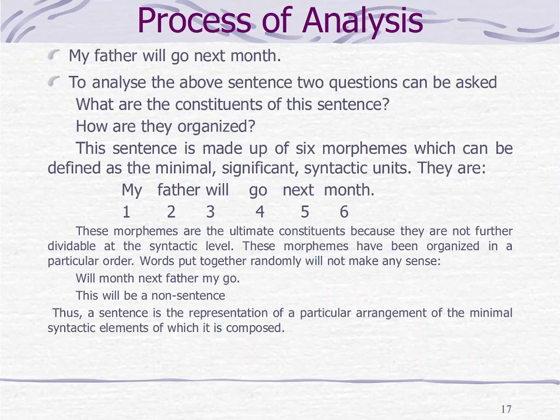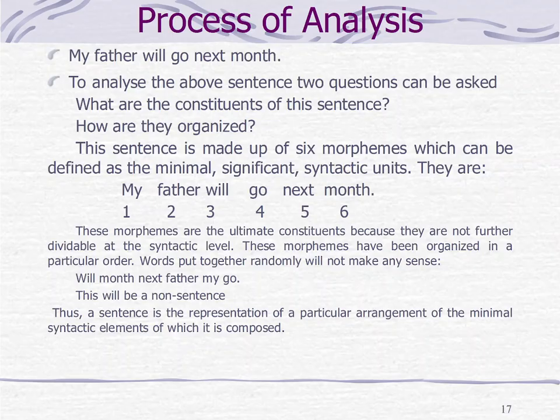These morphemes have been organized in a particular manner. That is important. And in English, this order is subject, verb and object, or subject and predicate. So if we change this order and write them haphazardly or randomly, they will make no sense.